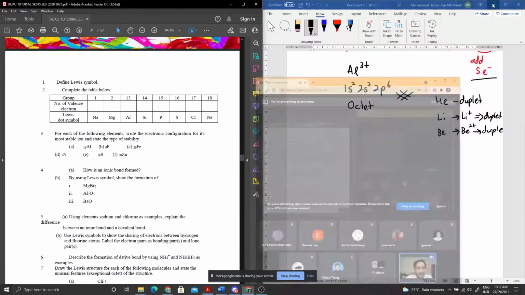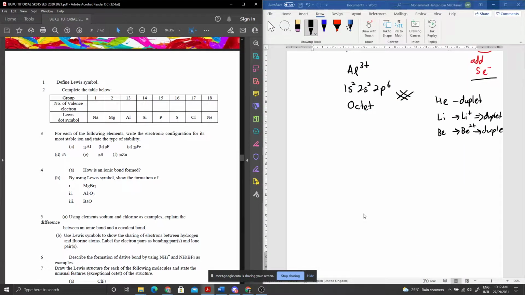Okay. So, kita akan go to question number 4 using Lewis symbol. Show the formation. So, this is another type of question. So, untuk this kind of question for Lewis symbol, we have two types of question. Okay. So, first, the easiest, is draw Lewis symbol.